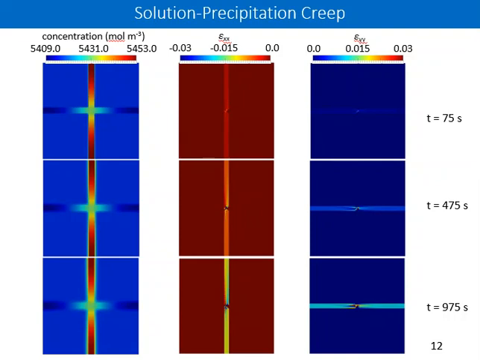Here is the concentration evolution and the strain evolution within the 4-grain polycrystalline RVE under constant pressure.